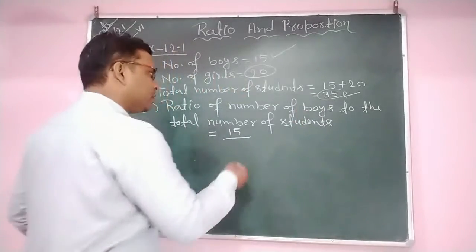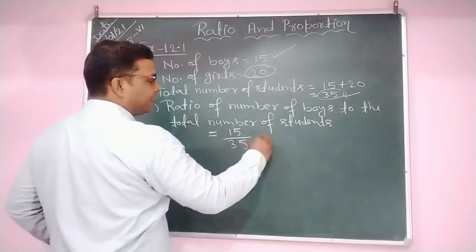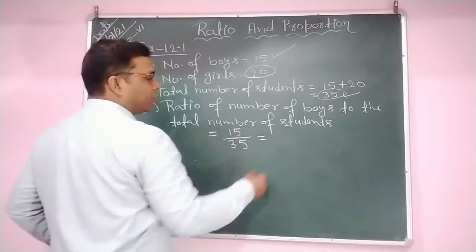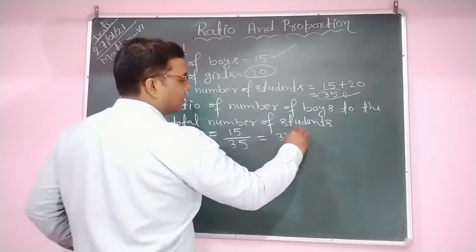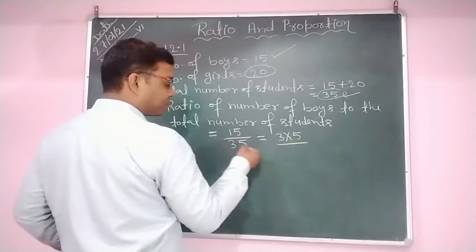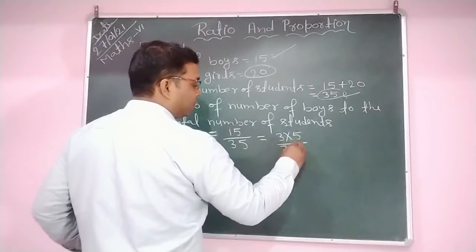Okay. Now so here 35. Again, you can express it in the product of prime factors. So 15 is equal to 3 into 5, and 35 is equal to 7 into 5.